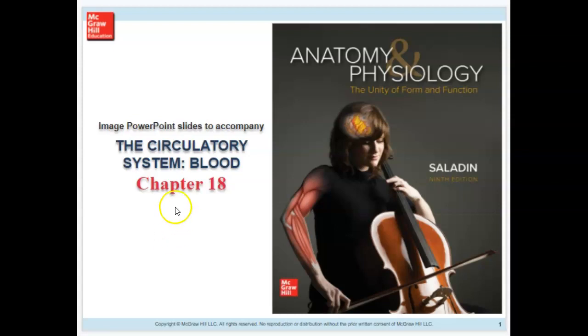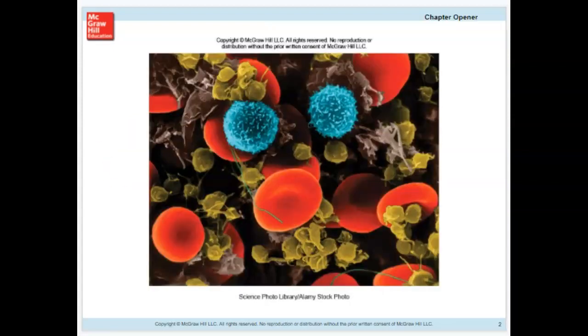Remember, among the functions of the circulatory system, we have the transport of gases such as oxygen and carbon dioxide. We're transporting nutrients, waste, chemicals such as hormones, and stem cells. Another function is going to be protection.